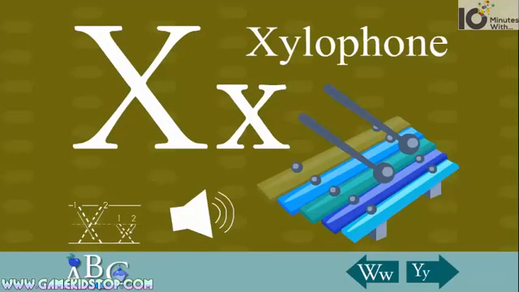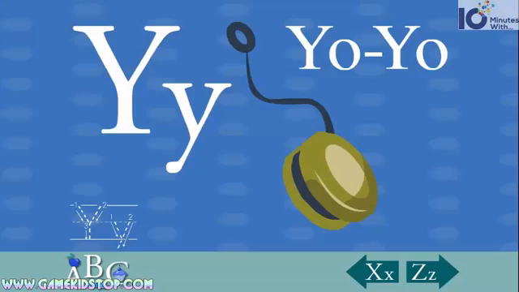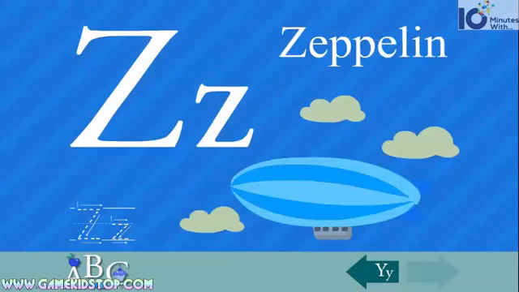X. X makes an X sound. X is for xylophone. Y. Y makes a Y sound. Y is for yo-yo. Z. Z makes a Z sound. Z is for zeppelin.